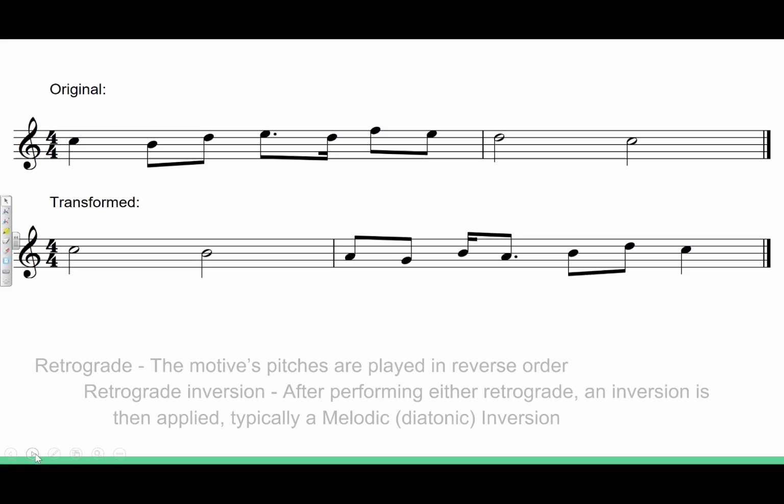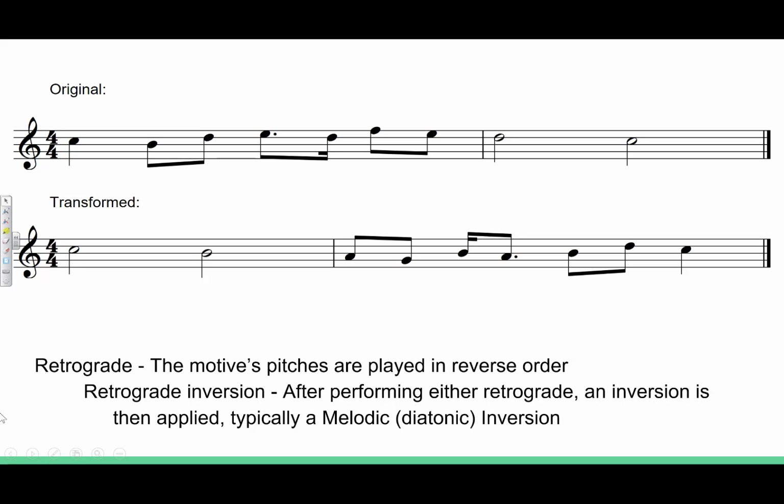So what we call this is a retrograde inversion. So after performing either retrograde, in this case a rhythmic retrograde, then I applied an inversion. Typically, it's going to be a melodic diatonic inversion, and that's what you see here. Let's listen to the original, followed by the transformation, which is an example of a retrograde inversion.